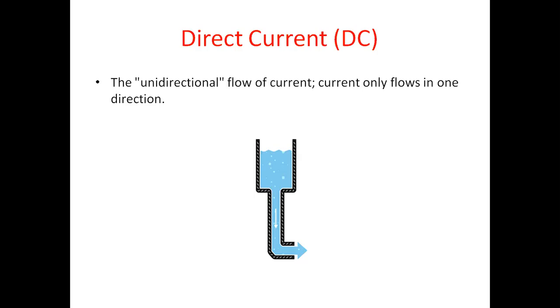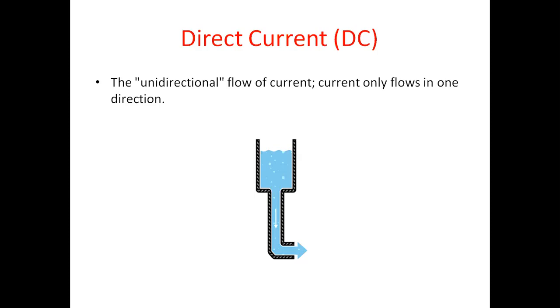Second is a rectifier, which converts alternating current to direct current. And the last one is the battery. Batteries provide direct current, which is generated from a chemical reaction inside the battery. That means there are three ways: one is the commutator, second is the rectifier, and third is the battery.